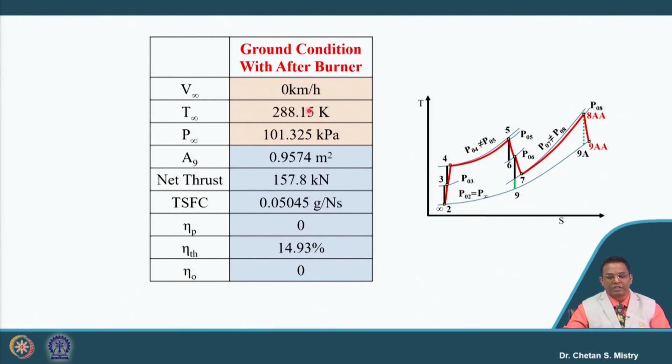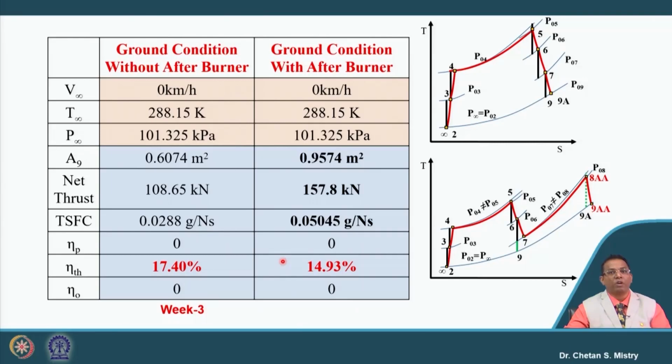Here we have done our calculation for the net thrust, and for thrust specific fuel consumption. Thermal efficiency is coming 14.93, and propulsive and overall efficiency are 0. If you recall, in week 3 we did the calculation for a 2-spool turbojet engine, and that too without afterburner. Purposefully, that numerical was solved in week 3.